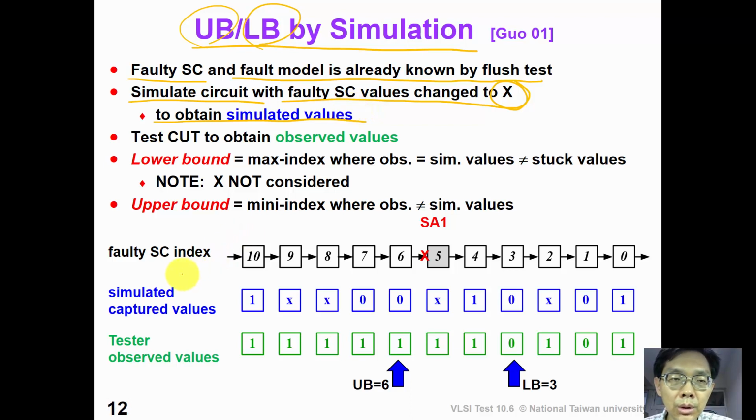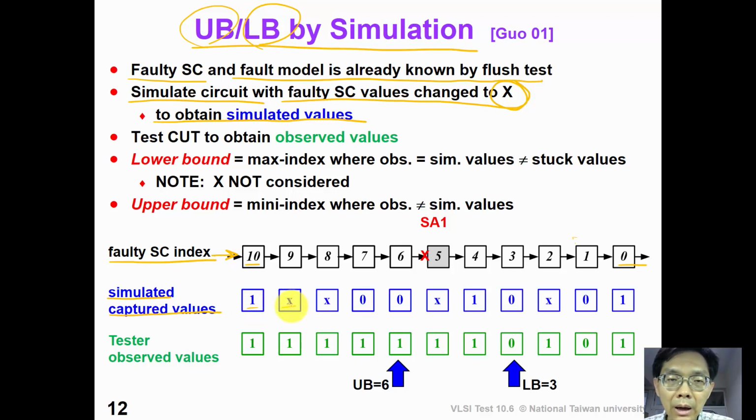For example, in the following figure, suppose this is a faulty scan chain. There are indexes from 10 all the way to 0, from scan input to scan output. Now, after the X simulation, we obtain simulated values in blue. Some of them are deterministic 0 or 1.